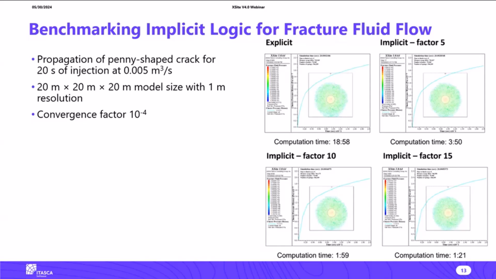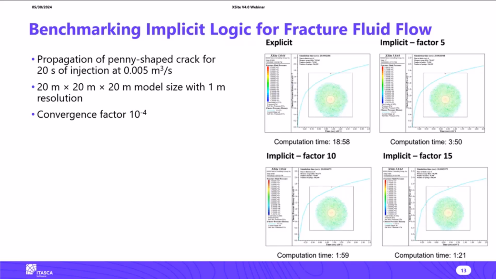We are looking at the simple problem of propagating a penny-shaped crack, basically a fracture in a vertical cross section. We inject fluid for 20 seconds at the rate of 5 liters per second. The model is a cube, 20 meters edge length, and 1 meter resolution.